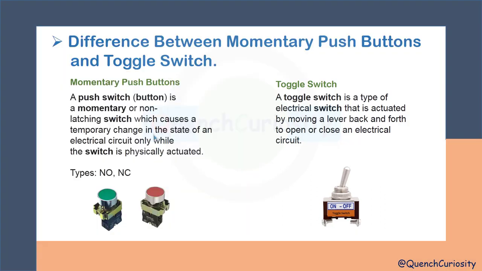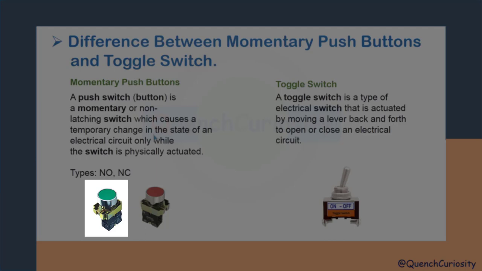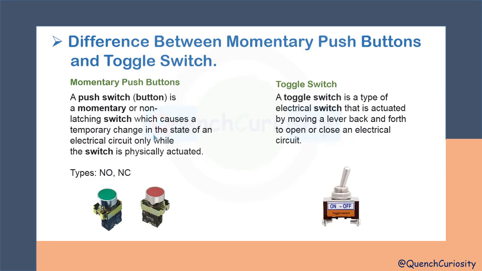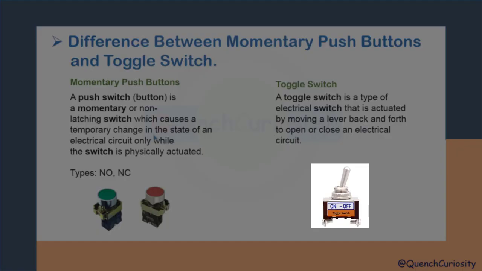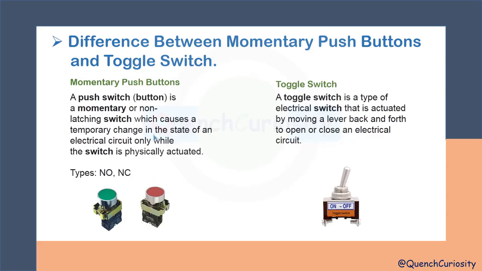As you can see from the slide, the green switch represents a NO switch and the red switch represents an NC switch. And at the right side of the screen you can see a toggle switch which has a lever, and mostly an on or off state would be mentioned over the switch, otherwise it won't be. However, as an engineer, it is best practice to understand the switch before playing around with it.